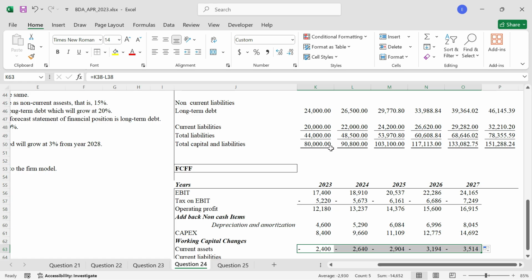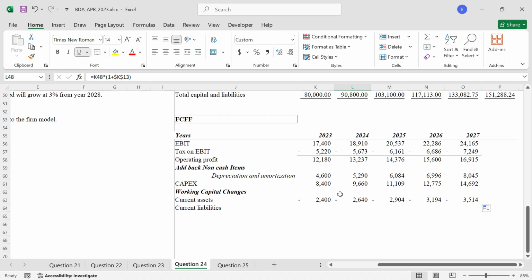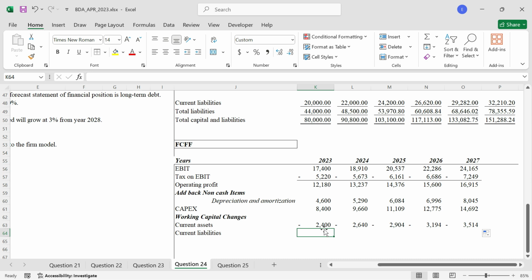And for my payables, I began my year with payables of 20 and then ended up with payables of 22, meaning I have more of people's money, meaning that's a cash inflow.